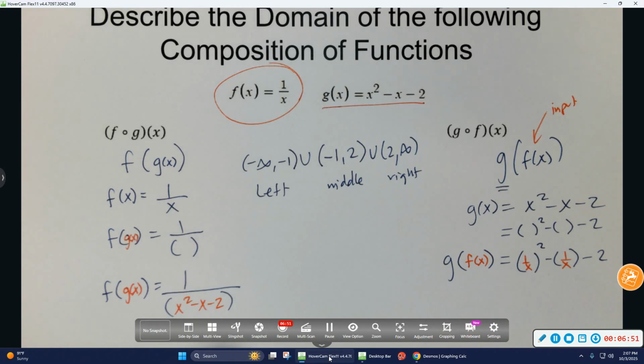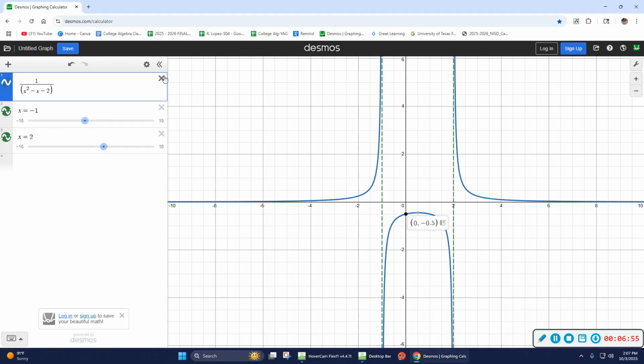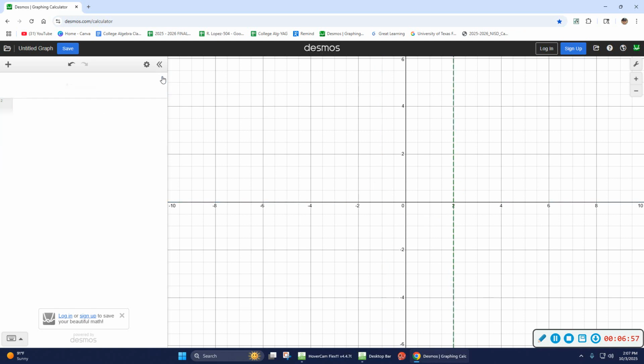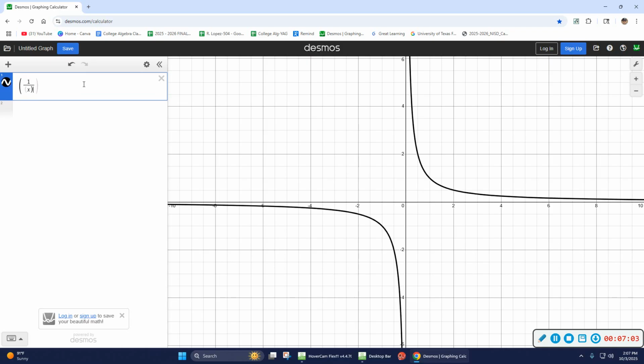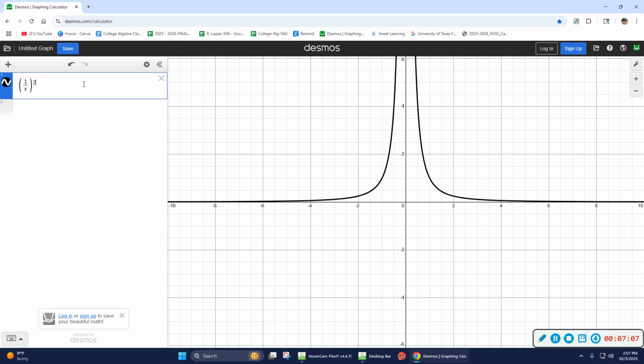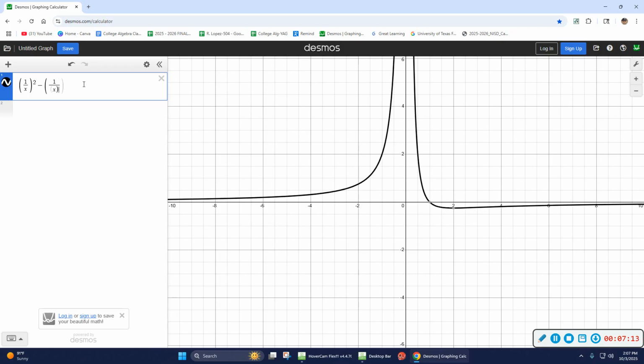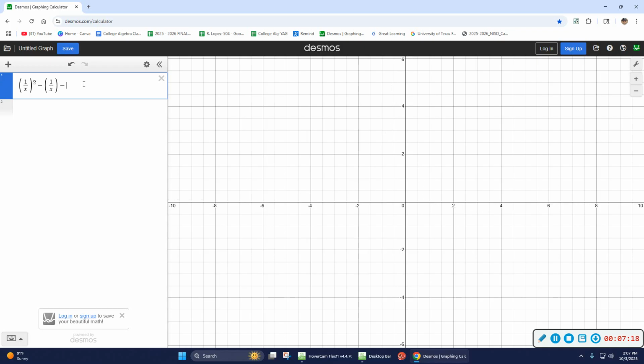So let's graph it. What does this look like when I graph it? I put my parentheses, 1 over x. This is being squared, minus parentheses, 1 over x, minus 2.